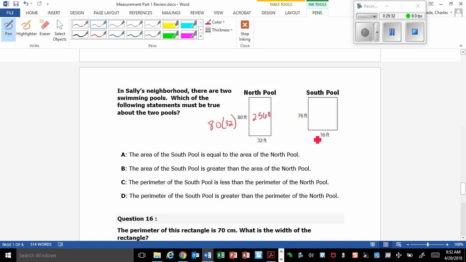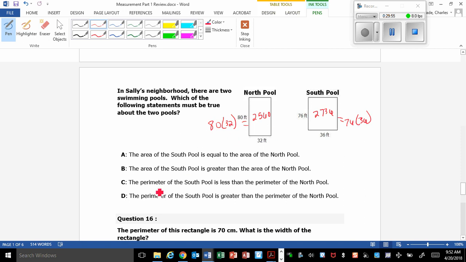And this one would be 76 times 36, which equals 2,736. That's how we got that one, and that's how we got that one.